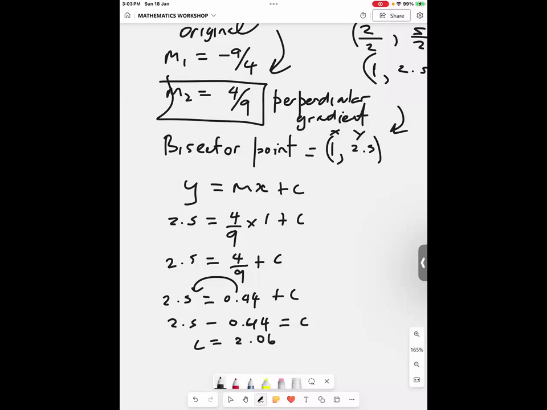All right, if you want to call it 206 over 100, yeah, 2.06 is fine. So therefore, the equation of my perpendicular bisector is y equals 4 over 9 x plus 2.06. All right, and that's my answer.